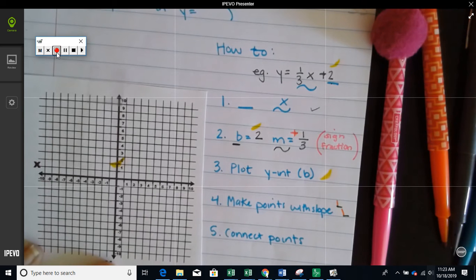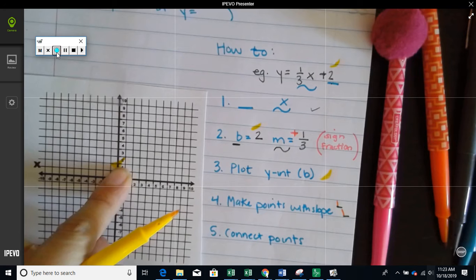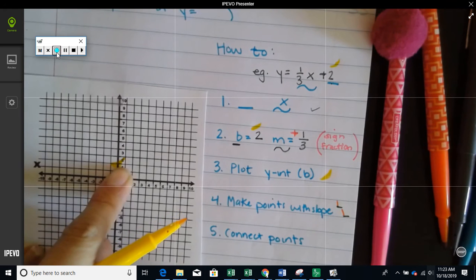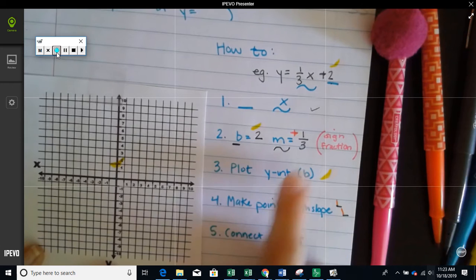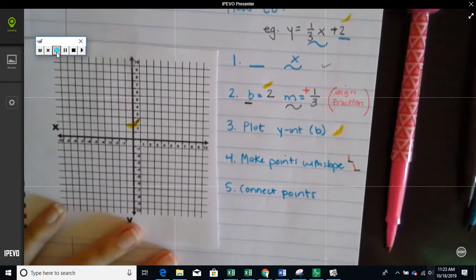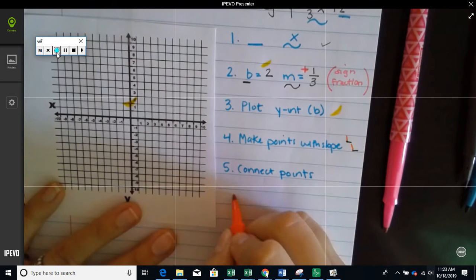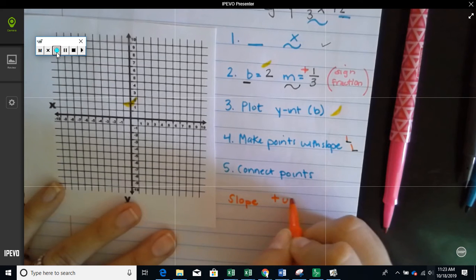And you're done. That is the third step. You just put a point right there. That's your beginning point. That's where you begin. Now, you're going to make your points with the slope. Please write this down for slope. Because it's positive, you go up.